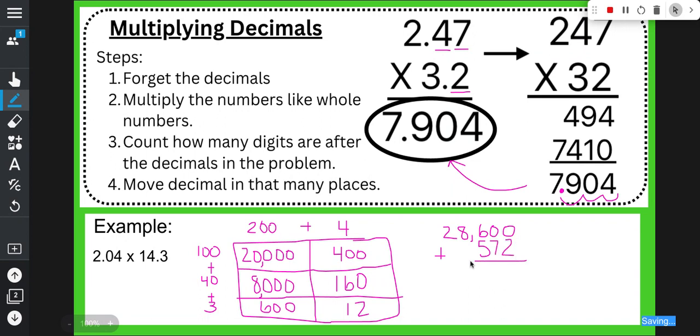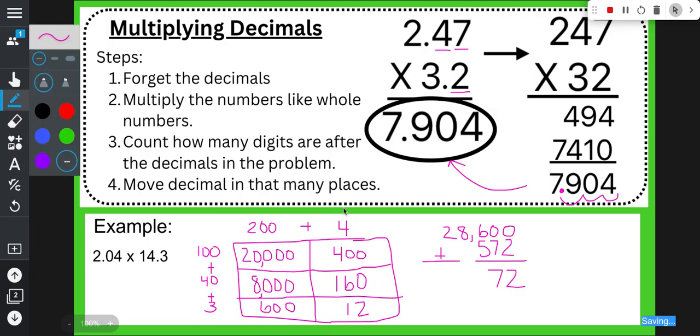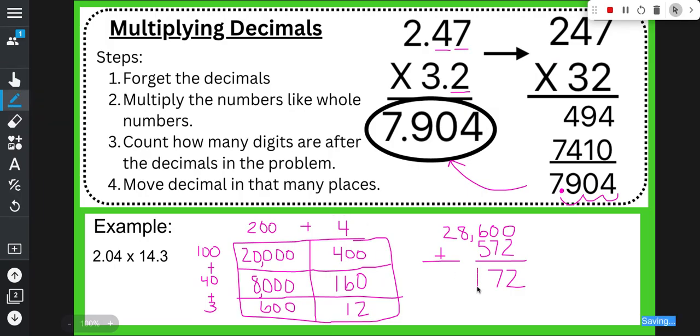I'm going to add these together. Oh, that one should be a 1. Let's fix that there. Carry our 1. We get a 9 and a 2.